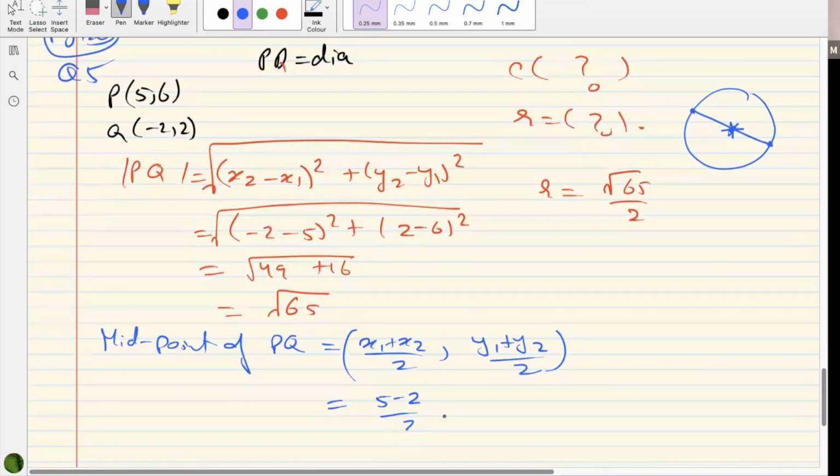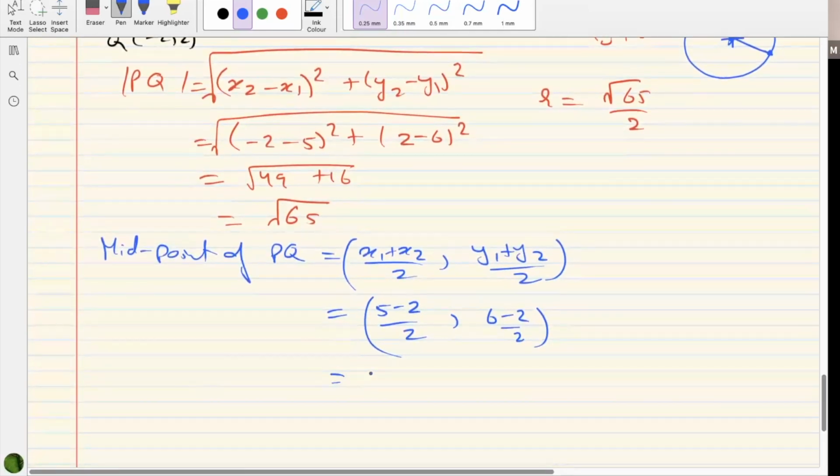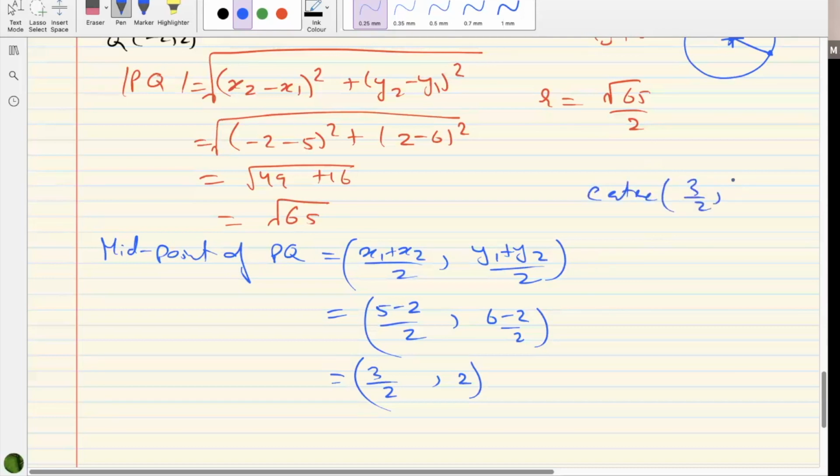That is 5 minus 2 by 2 and 6 minus 2 by 2. So the center is 3 by 2 and 2.